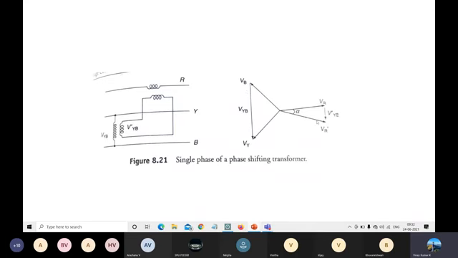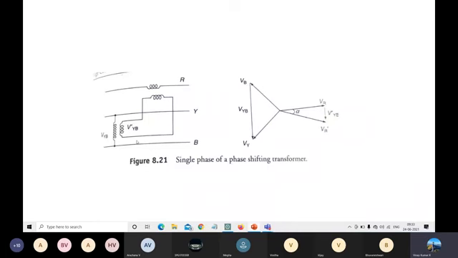Just by changing the phase angle, we are changing the voltage levels. These phase shift transformers can be used for single phasing or double phasing. If you are using single phasing, this will be the construction, and if you are using two phases, this will be your construction.